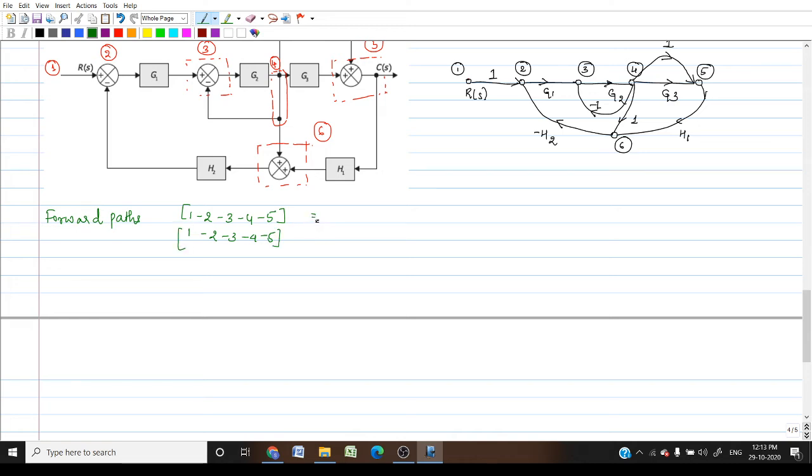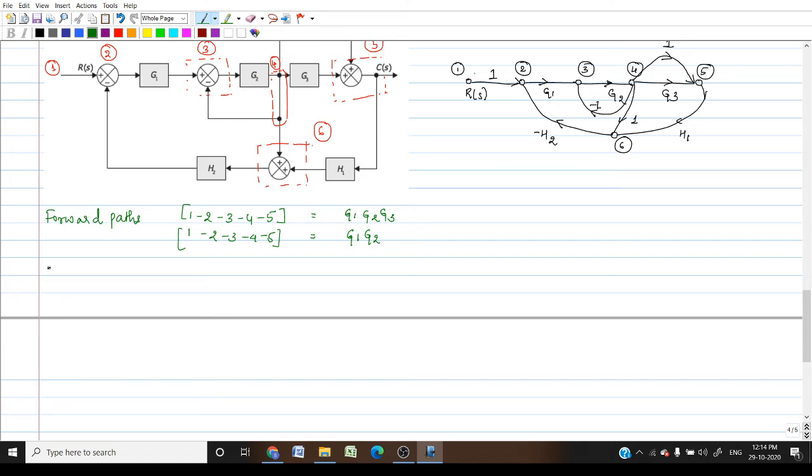If I write the path gain you will understand. From 1 to 2, G1, G2, G3 is the path gain of the first forward path. And next you can see that from 1 to 2, 2 to 3, 3 to 4, and 4 to this, we'll be bypassing G3. So the next path gain is G1 into G2.